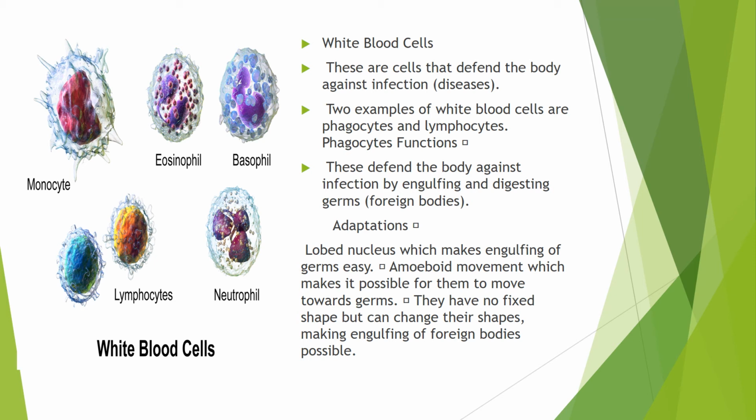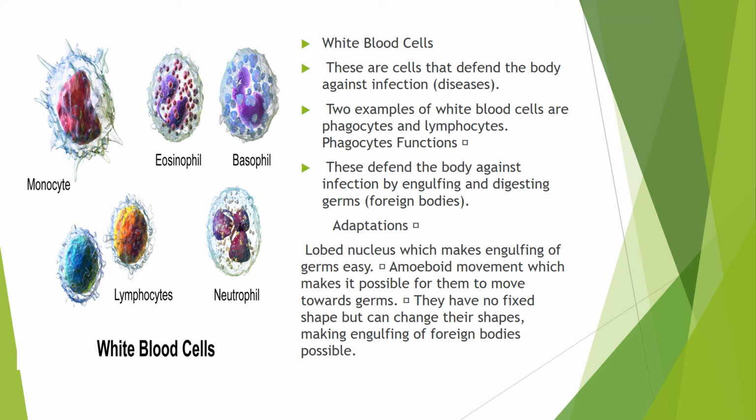You should be able to identify these white blood cells. We should just know the types of white blood cells, know their names, and what they do overall. So the adaptations include that they have lobed nuclei, which makes it very easy for them to engulf bacteria, to engulf any foreign material.